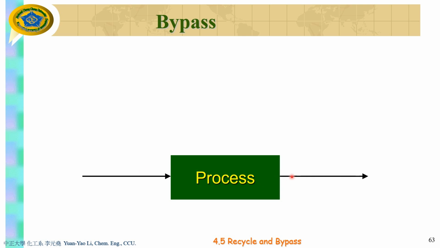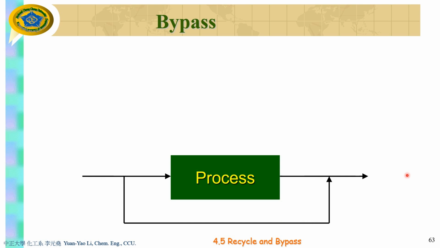This is a product stream, for example. And recycle is this arrow going back to this joint point, right? Recycle goes back before this process. But bypass is another way around, which does not go back, but instead there is a splitting point before the process, and you go to the end and come out with the product.